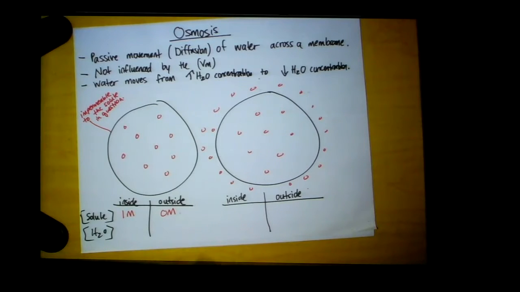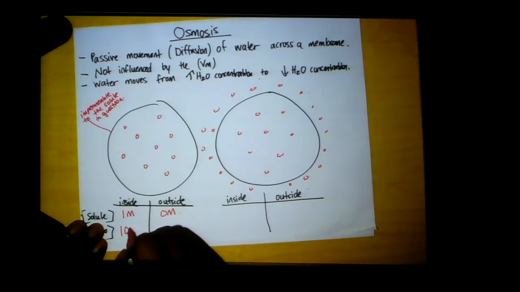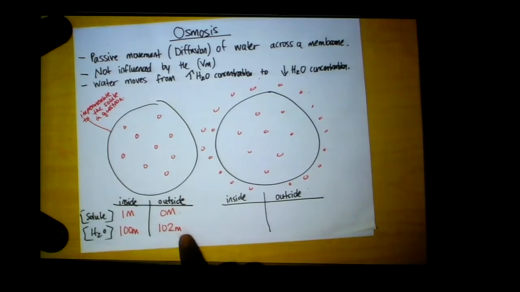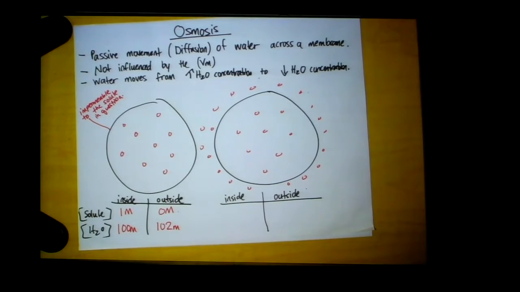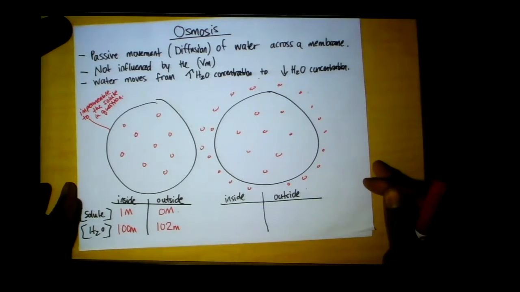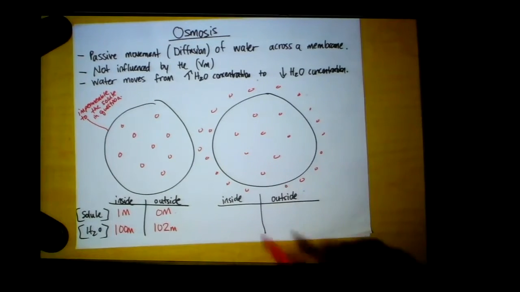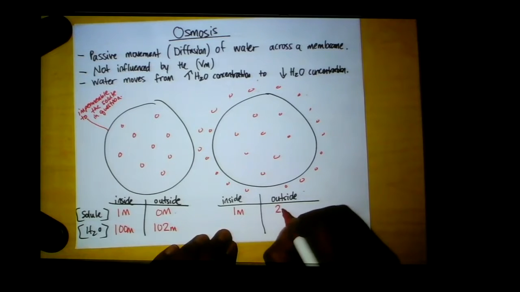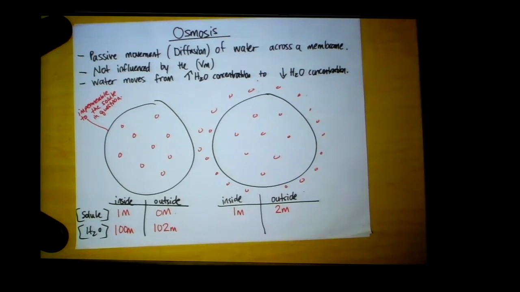When we look at water, the concentration is going to be 100 moles and then 102 moles. And all of that tells us is that the concentration of water is higher outside the cell in this first scenario. Okay. When we look at the second scenario, inside the cell is also 1 mole in terms of our solute concentration, but outside the cell has twice as many particles, right?